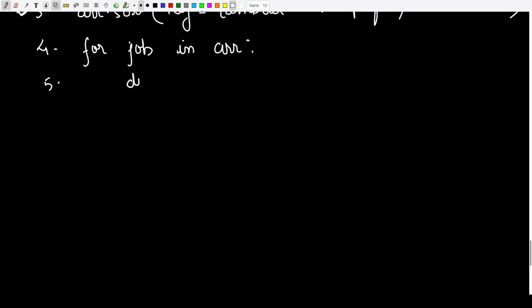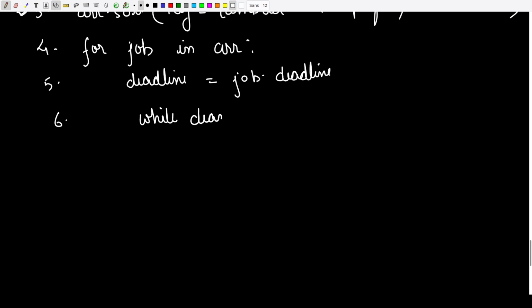out the deadline of this job. So deadline equals job dot deadline. Once we have the deadline for a job, then let us check whether this job can be scheduled using the used array.